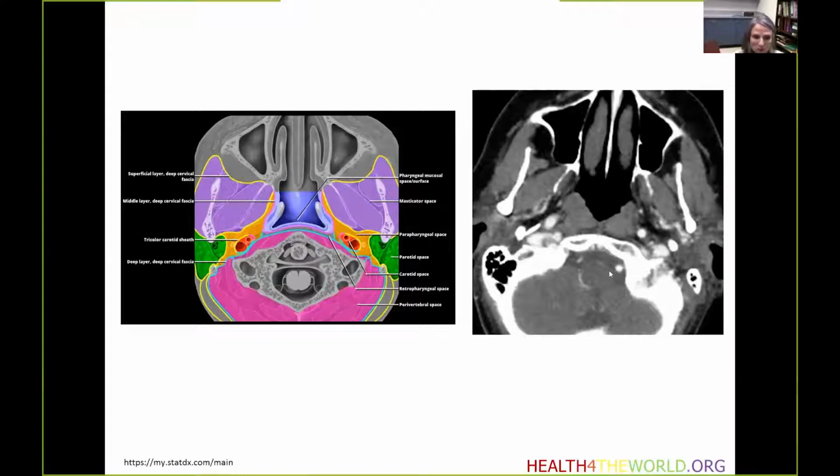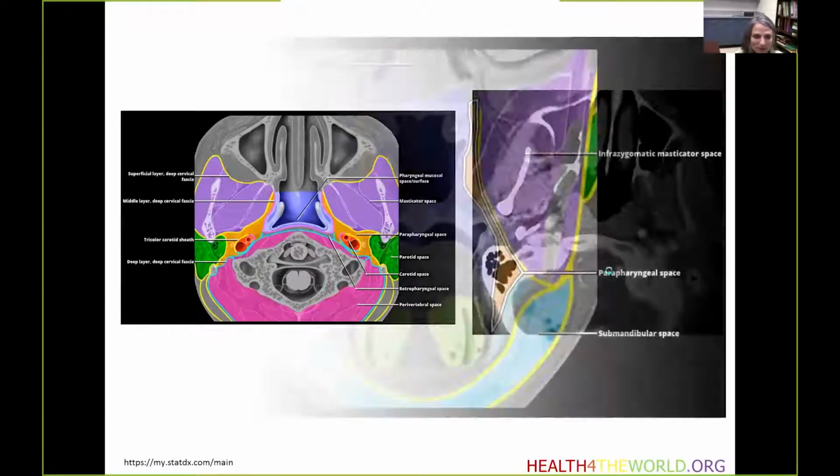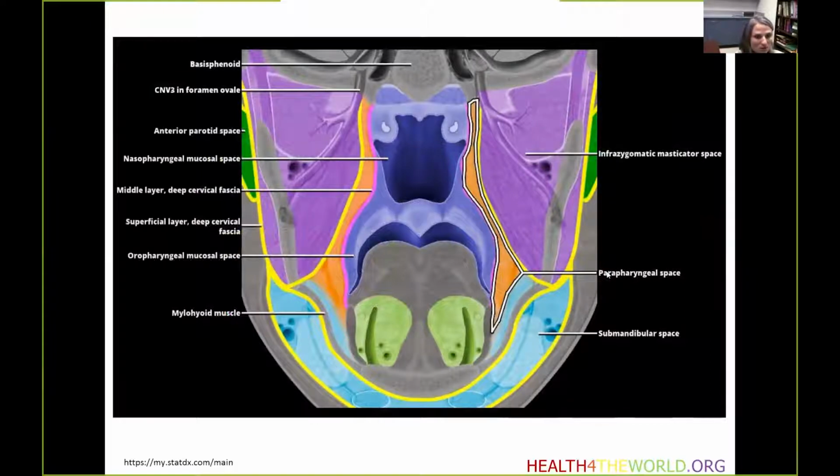This is where the peripharyngeal space is located.